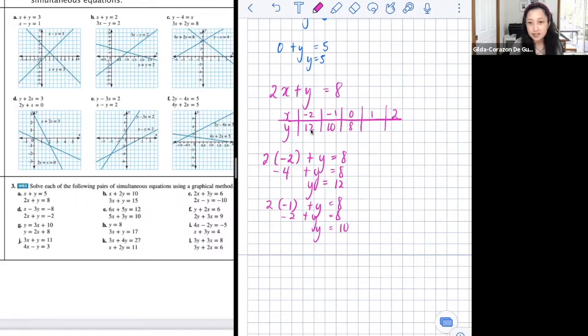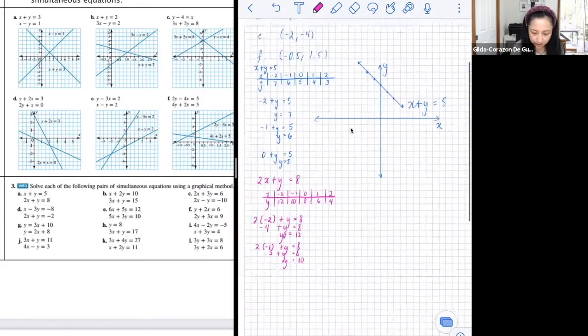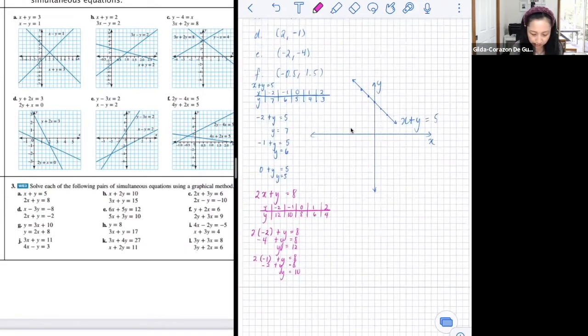Now you can see the behavior of that. This one goes down by 1, but this one goes down by 2. And therefore, you can have this as 6 and that as 4. So that we can now graph our second line.